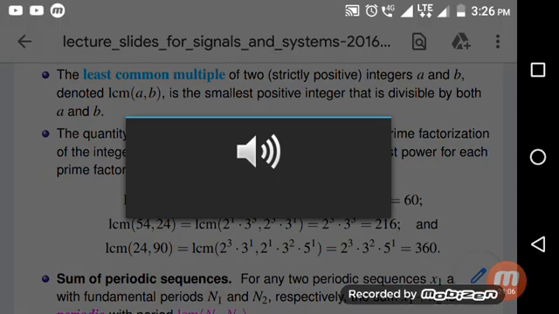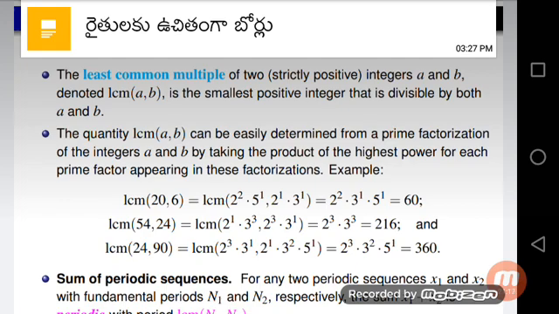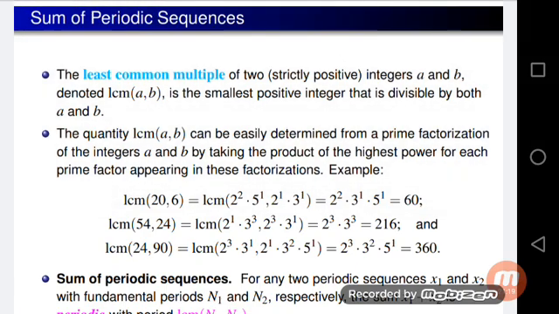And next one is sum of periodic sequences. The least common multiple of two strictly positive integers a and b, denoted LCM of a and b, is the smallest positive integer that is divisible by both a and b.